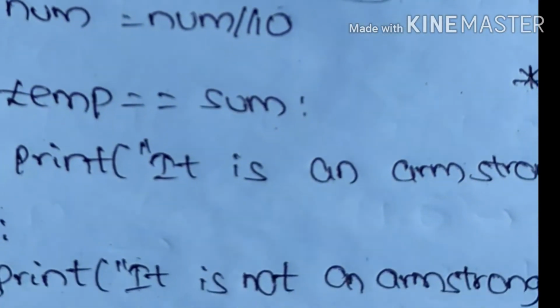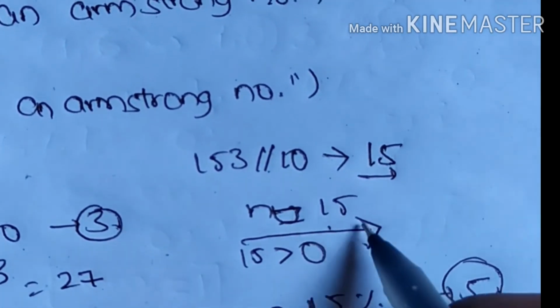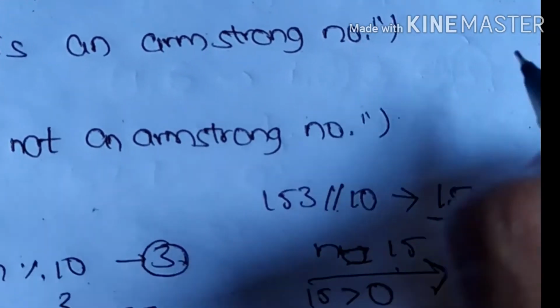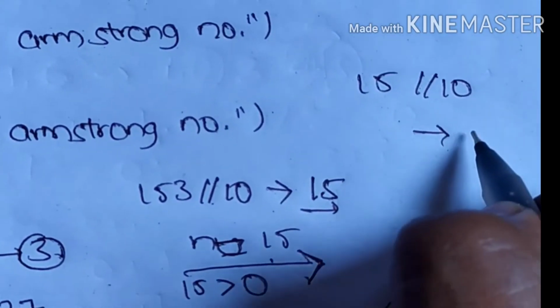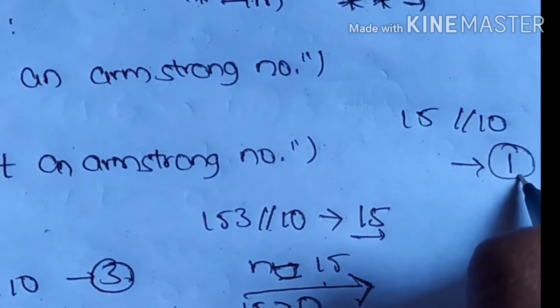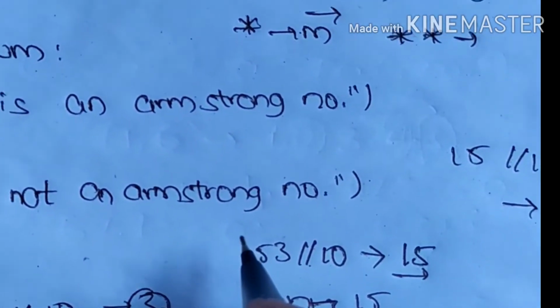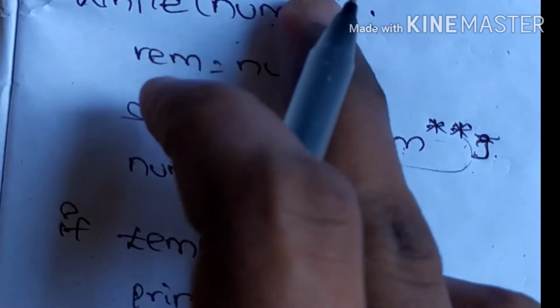Then the next condition is num equal to num divided by 10. Now here the num is 15, right? Then 15 divided by 10 will give the quotient as 1. The quotient will be 1, right? Then it goes to while, and 1 greater than 0.